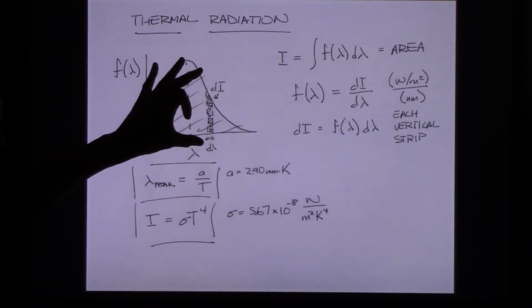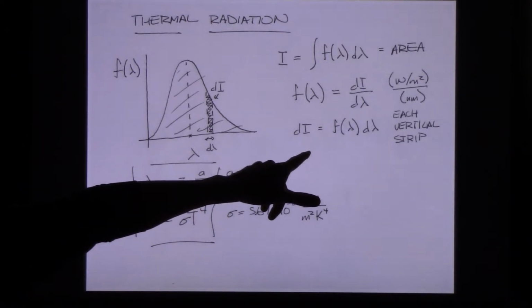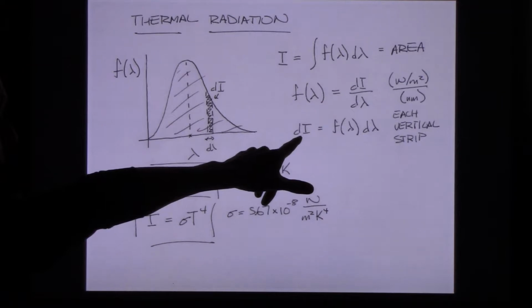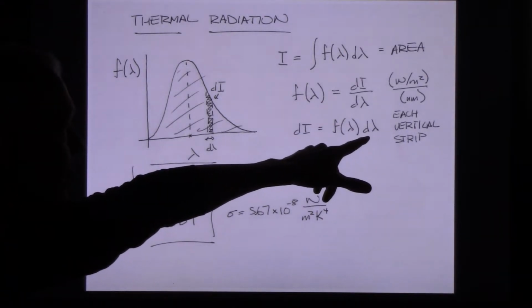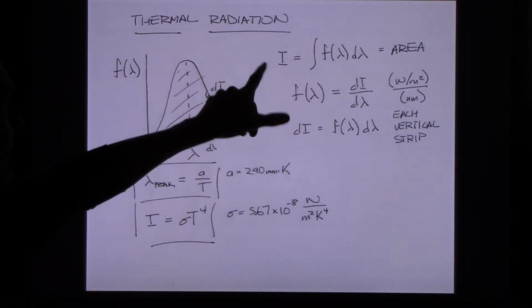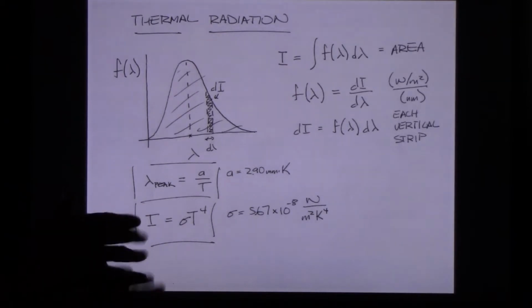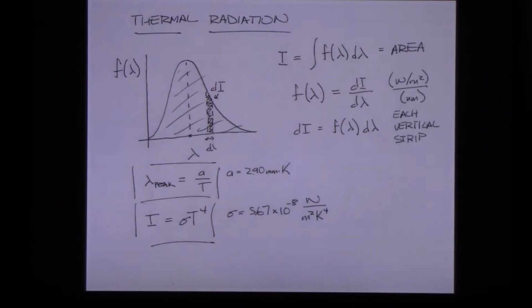So the area of that narrow strip is the portion of the intensity being contributed by that particular wavelength. When I add them all together, I get the total intensity, or I can break this down into how much intensity at each particular wavelength.